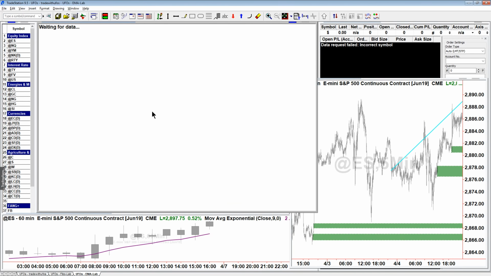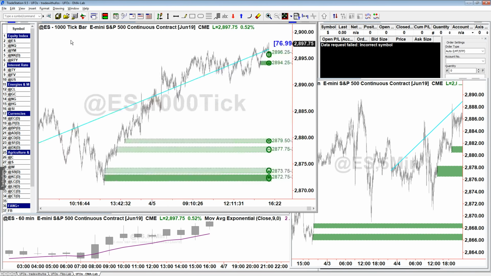Okay, so I'm looking for a 1,000 tick chart here. Now every candle is created by 1,000 trades per candle, no matter how many contracts per trade. Well, now you end up with, again, a different picture.